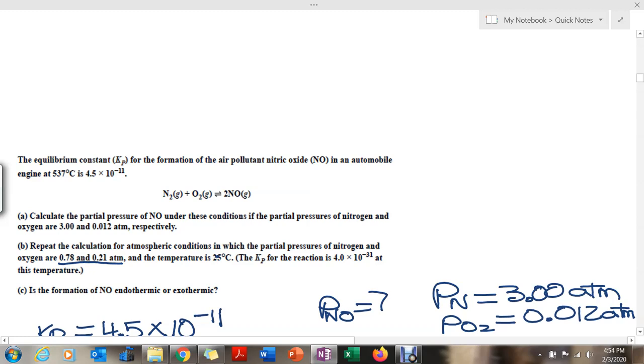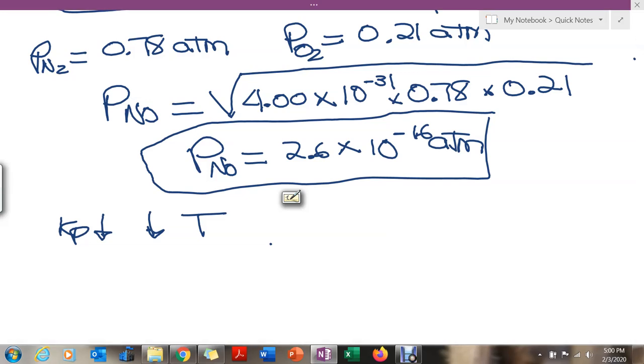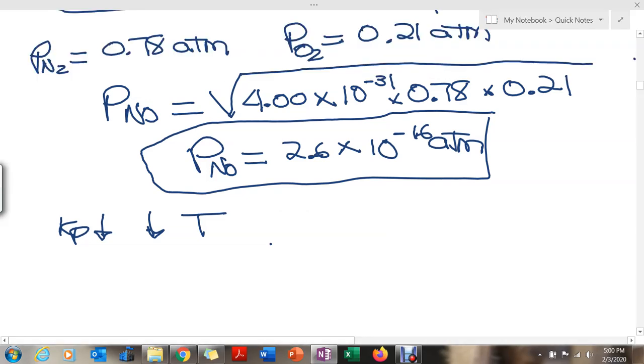So if the Kp decreases with lowering the temperature, no more product will be formed. If the Kp increases with a decreasing temperature, the opposite holds. So for studying this, let me do this again to make it more clear.